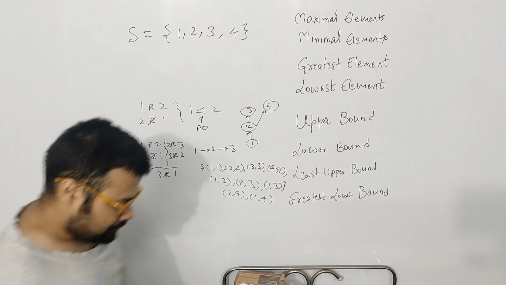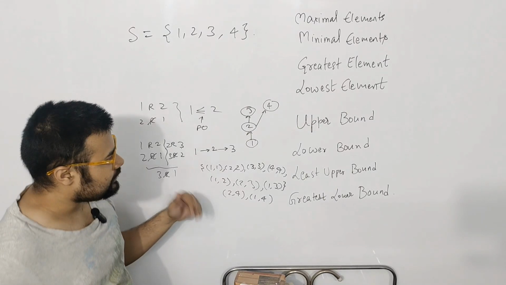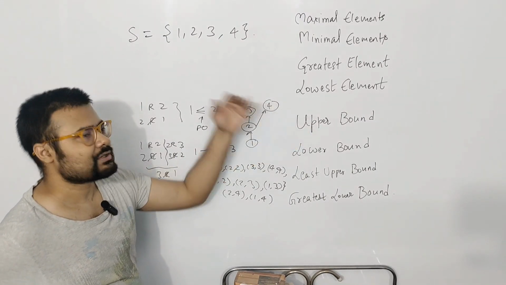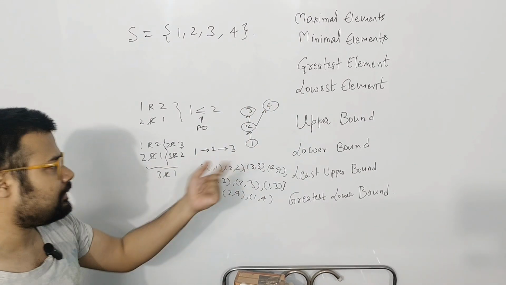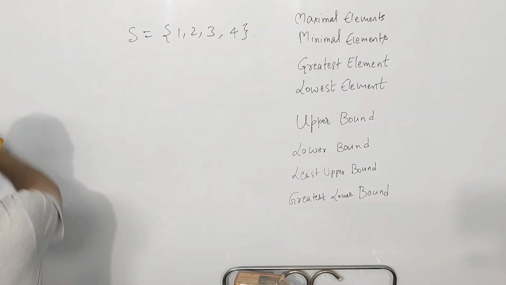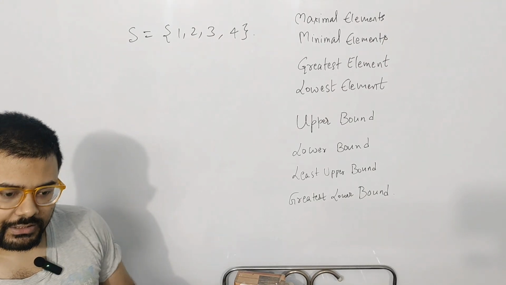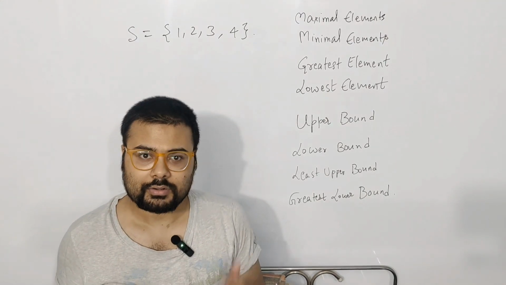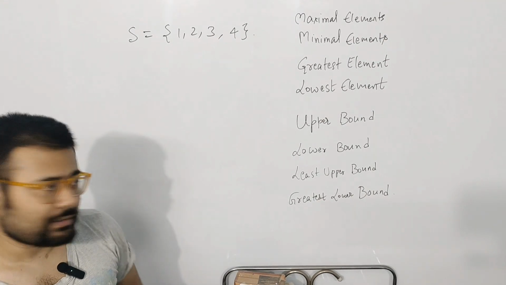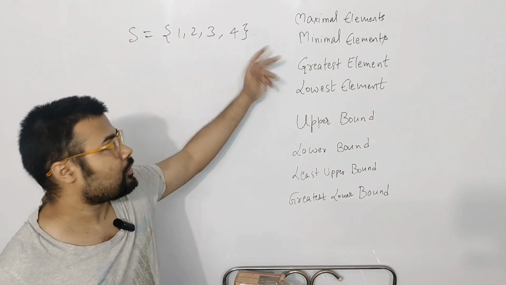Now in this video, before moving on to lattice, I wanted to give a definition and short summary, but maybe the video may get long. As I said, because in a partial order relation there is an order among the elements involved in ordered pairs, some things may or may not be there.